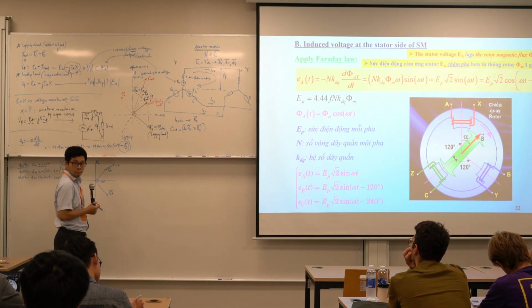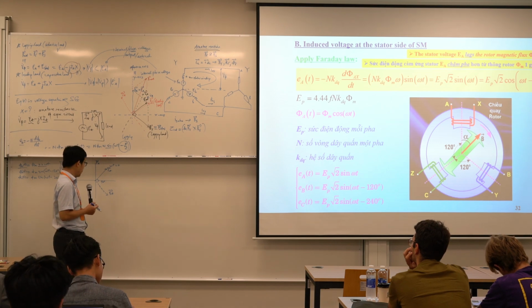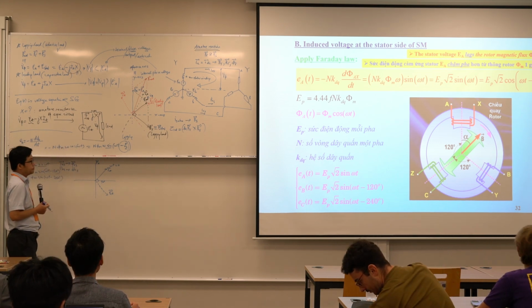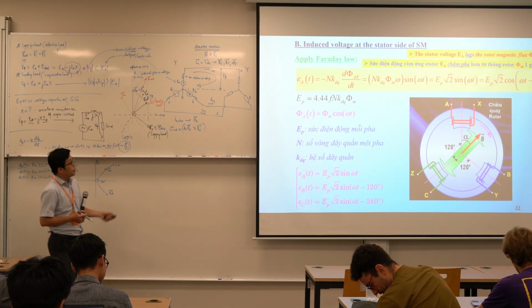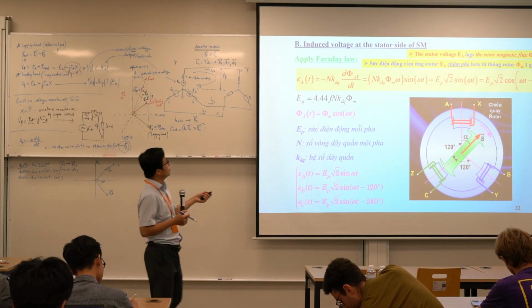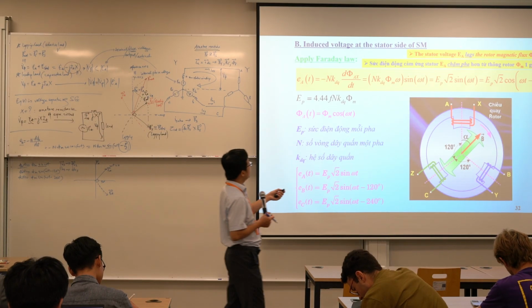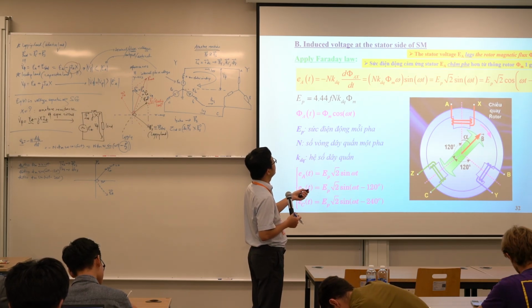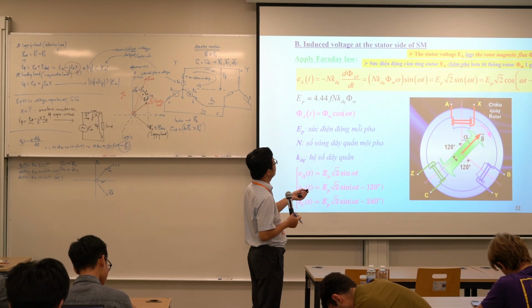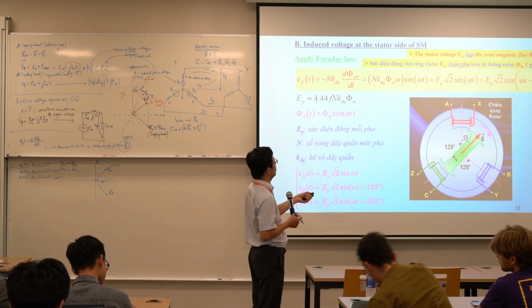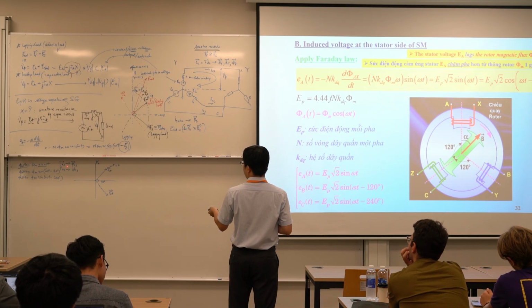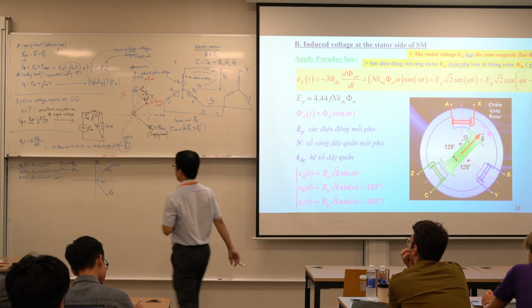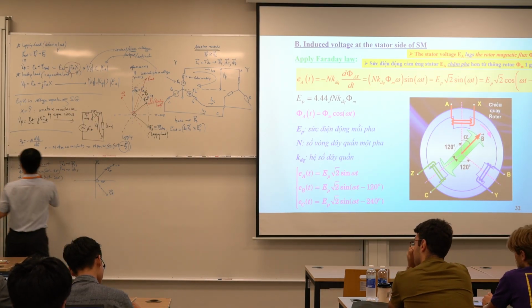So here I have the stator voltage EA lags the rotor's magnetic flux, phi m. Sorry, this one is rotor.